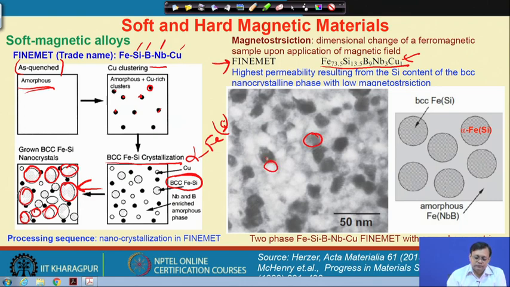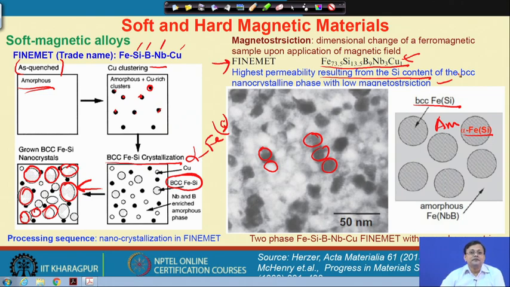You can see these are the same BCC iron silicon grains, which are alpha iron grains, present in an amorphous matrix. So, the highest permeability or mu value results from the silicon content of the BCC nanocrystalline phase with a low magnetostriction. So, not only should we achieve a higher permeability, but when we produce a very high flux, it also changes the dimension of the magnet.